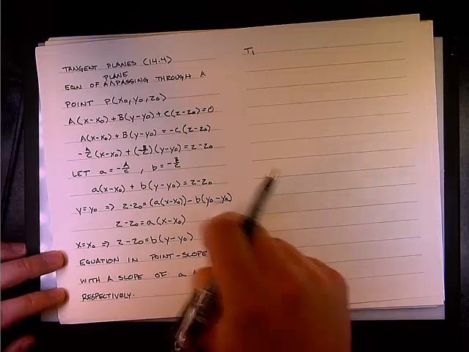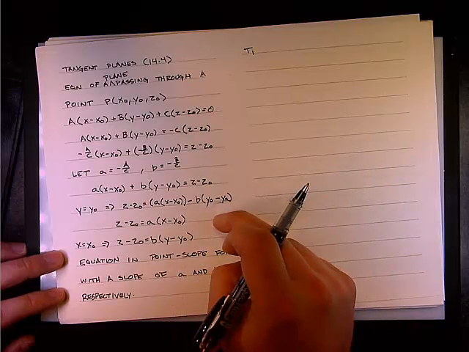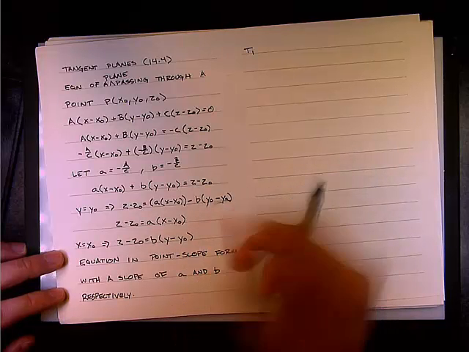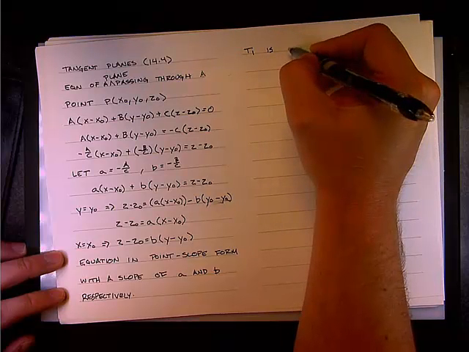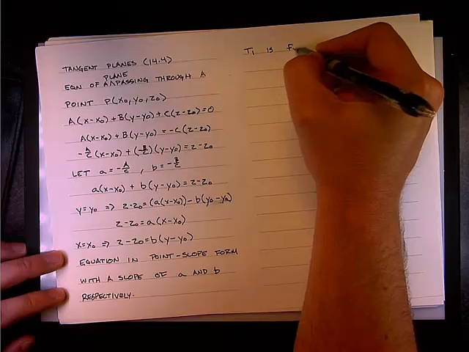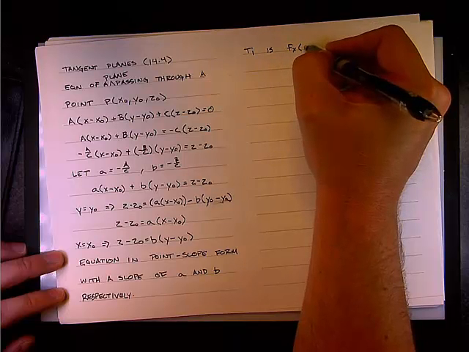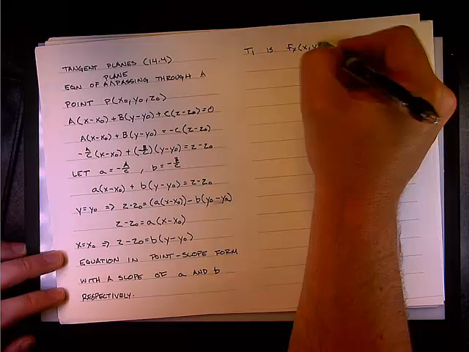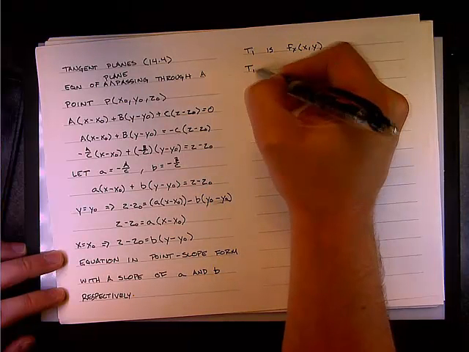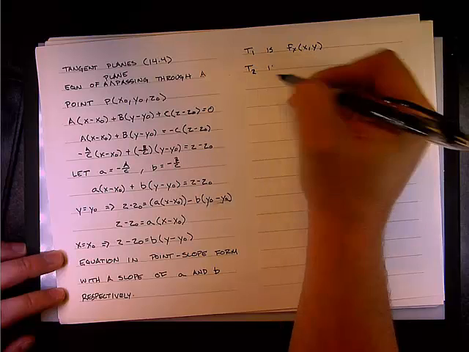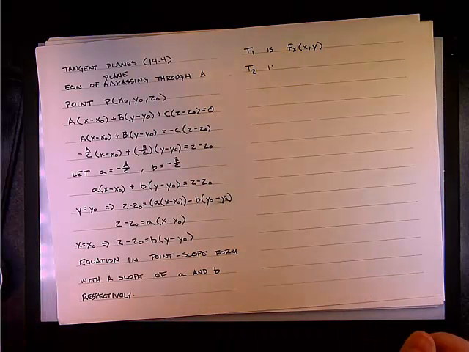Okay, now that we know slope, we're going to call this one tangent 1, for holding y constant to y naught. And we know that that slope is going to be equal to the partial derivative of f with respect to x.